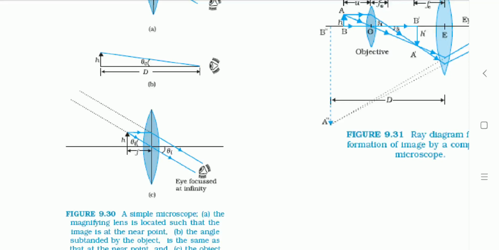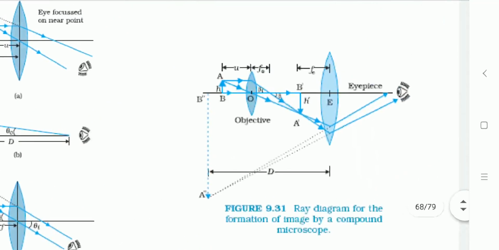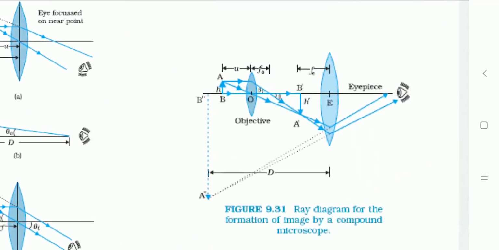Now, the simple microscope has limited magnification, less than or equal to 9. If we require larger magnification, then we have to use two lenses in a compounding effect, and that microscope is known as the compound microscope, as you can see in the diagram. Two lenses are utilized in sequence in compound fashion.